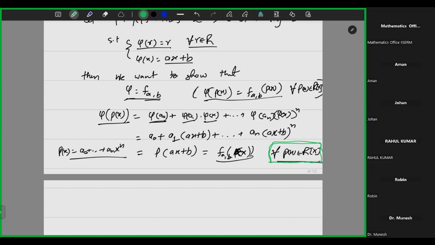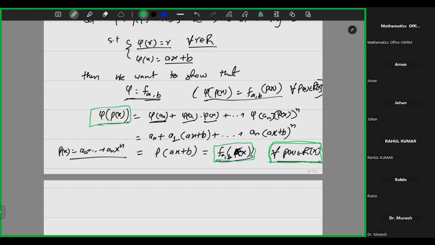Because I fixed p(x) and then evaluated and found it is equal to f_ab of p(x), but this is for a particular p(x).